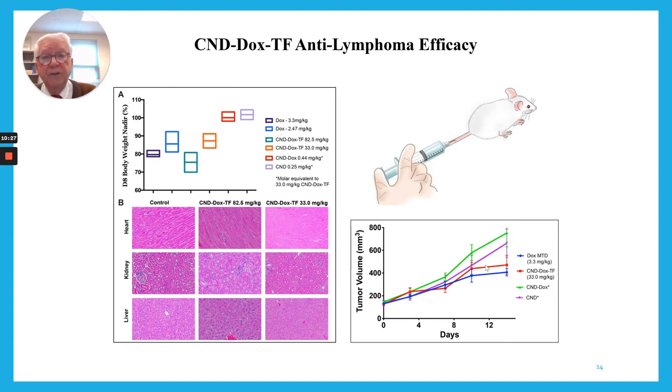And we can see there is a huge reduction of the tumor volume. That means that it was very efficient when we inject our system nanocarrier into the tail of the mice. So that's an efficacy to reduce the lymphoma in the body of the mice.